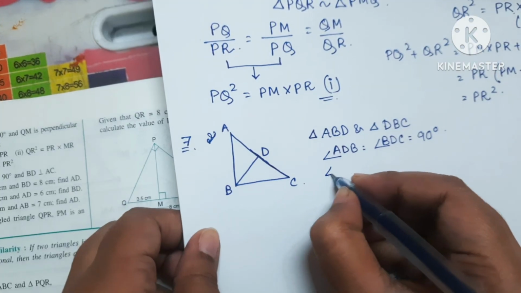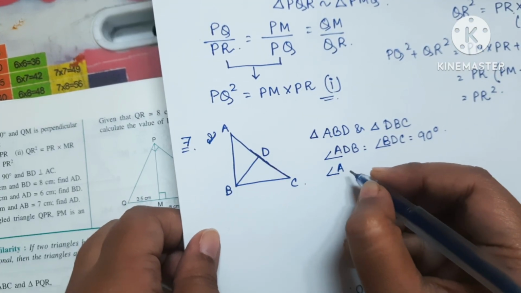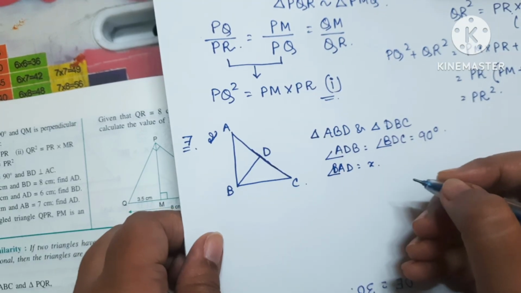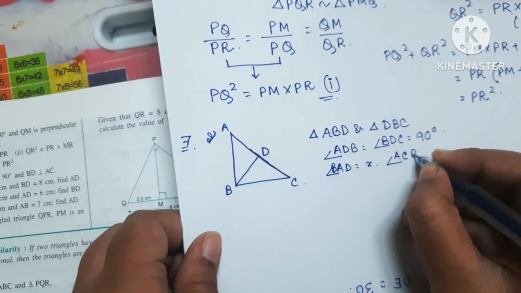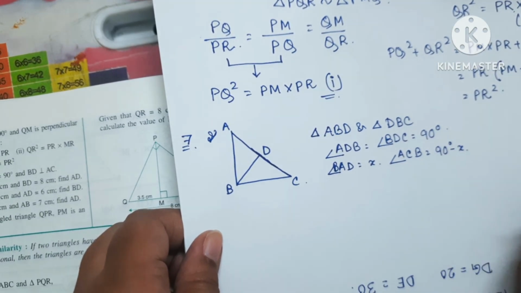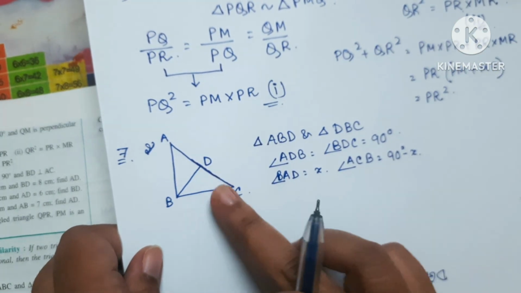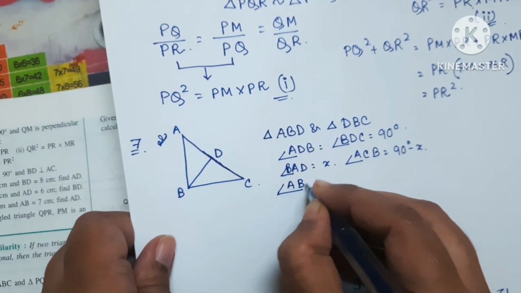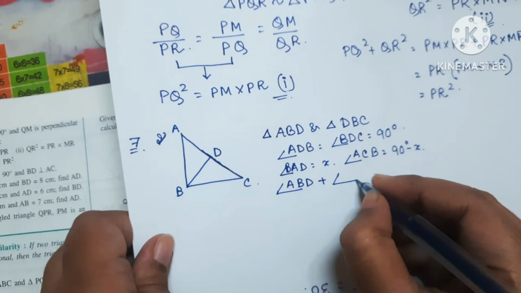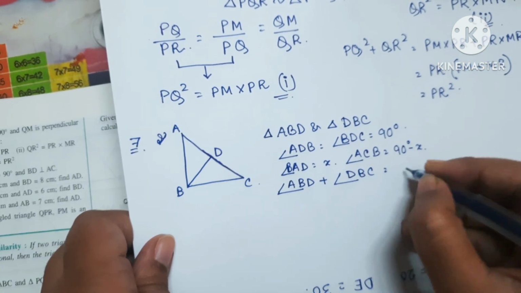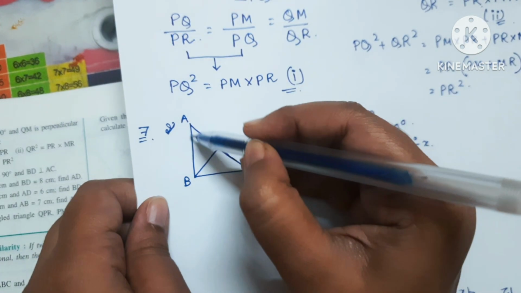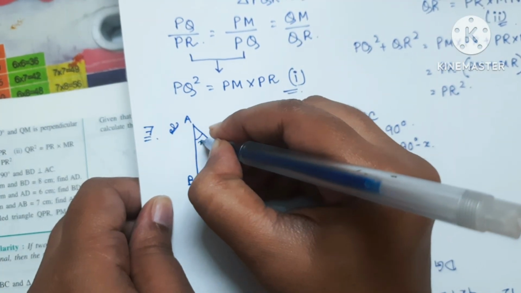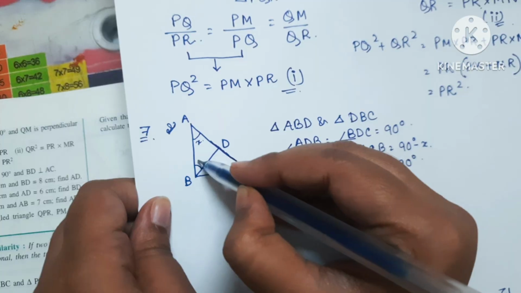Now, if angle BAD equals X, so angle ACB will be 90 minus X. Angle ABD plus angle DBC is also 90 degrees. See, in case of this ABD, say this is X, so this will be 90 minus X.